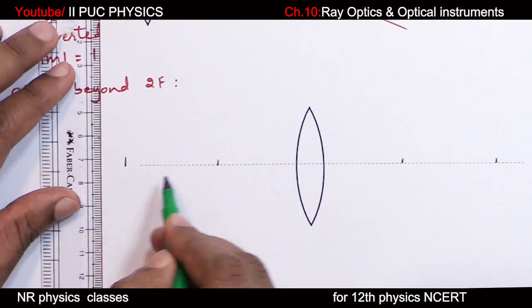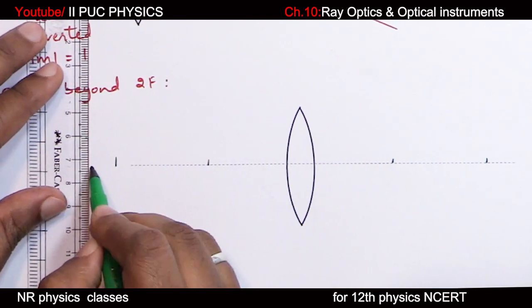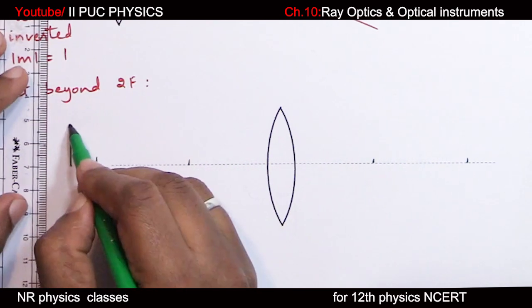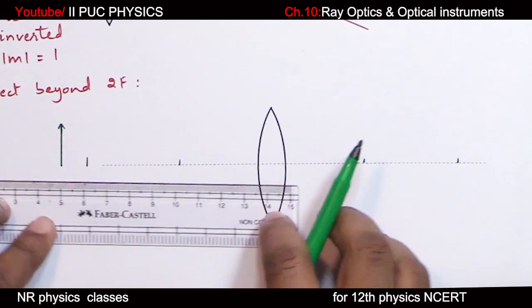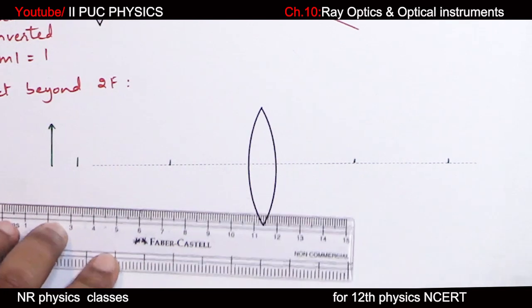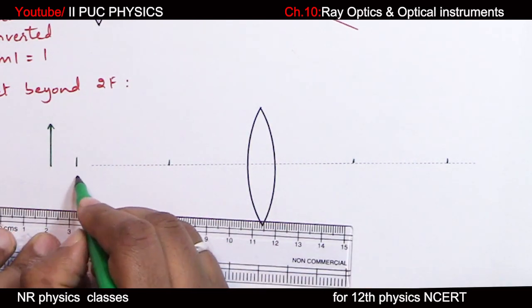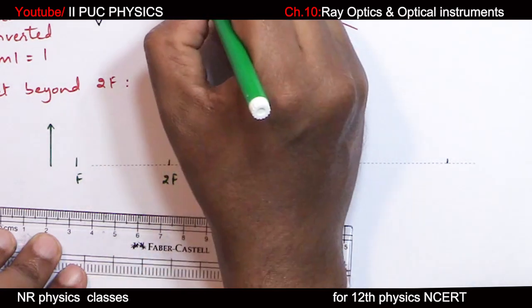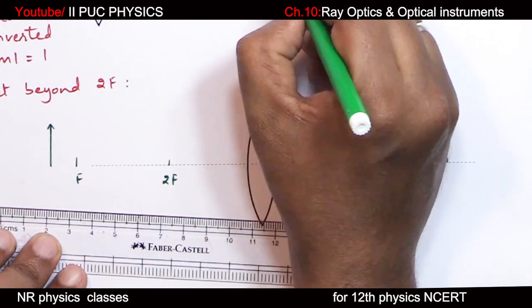Let me keep the object beyond 2f. This is a linear object. This is f, 2f, f, and this is 2f.